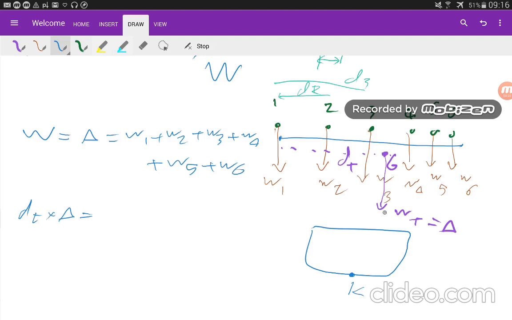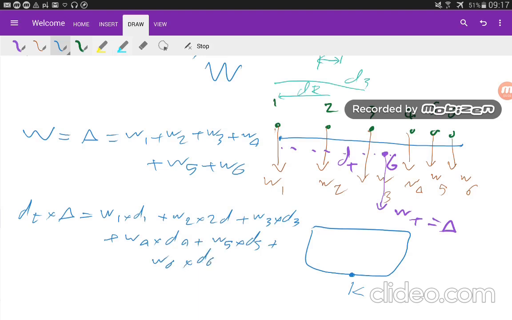The moment for our total weight must be equal to the moment for all the cargoes, which is W1 times D1 plus W2 times D2 plus W3 times D3 plus W4 times D4 plus W5 times D5 plus W6 times D6.